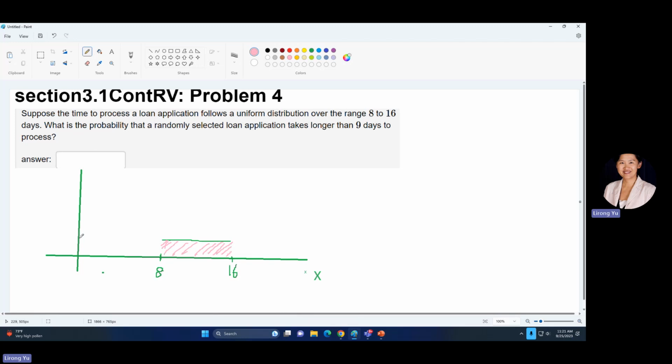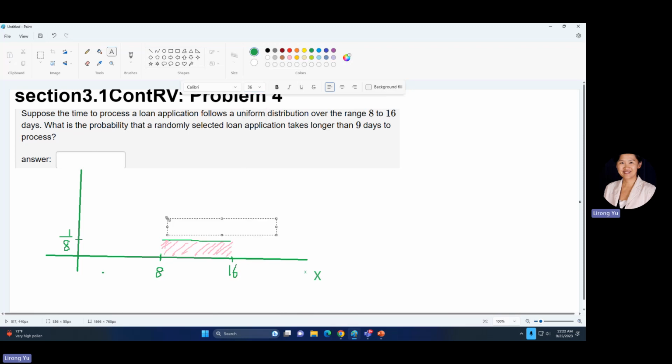So then the height here must be 1 over 8, right? 1 over 8. So this is 1 over 8. Okay, so this horizontal line is what we are calling the density curve. And then the area below the density curve represents the probability.